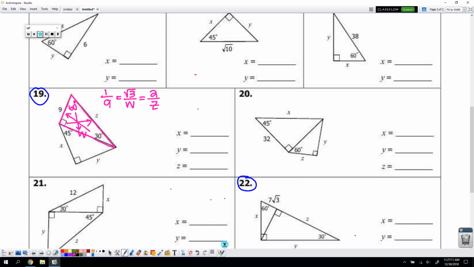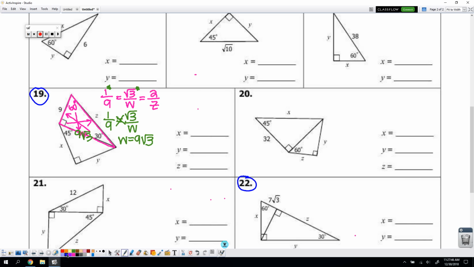So, all the numbers with the variables, 1 over 9 equals square root of 3 over W, crisscross, W equals 9 radical 3. Now, I didn't ask for W, but I just have a feeling I'm going to need to know it. So this is 9 radical 3. And we'll deal with that as soon as we need to get into our 45, 45, 90 triangle.